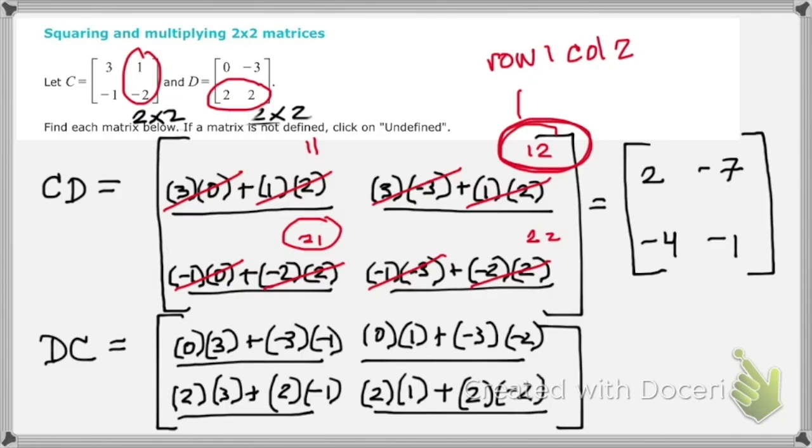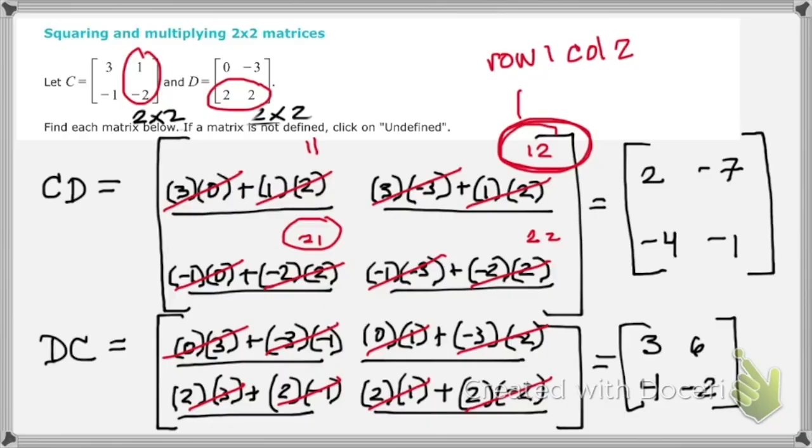And simple arithmetic. 0 plus 3 is 3. 0 plus 6. 6 minus 2. And 2 minus 4. 2 minus 4, negative 2.